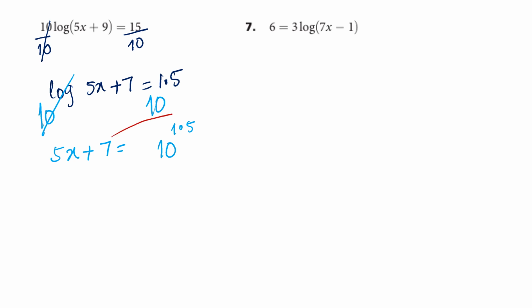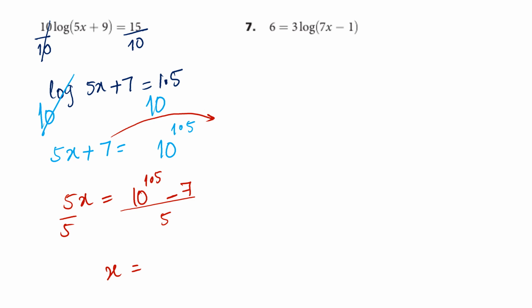Bring the 9 on the other side, you will get negative 9. So 5x equals to 10 to the power of 1.5 minus 9. Divide both sides by the 5 to get the final answer. Write it in the normal part of the calculator to write the final answer.